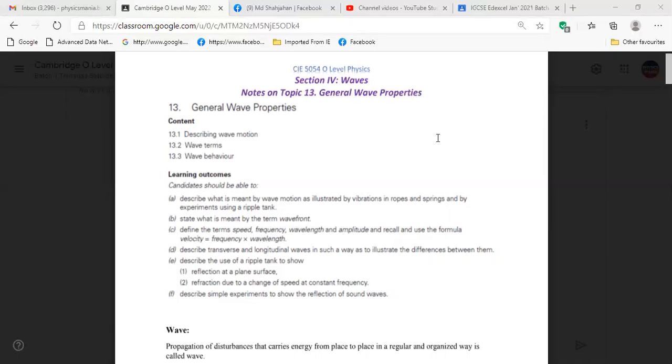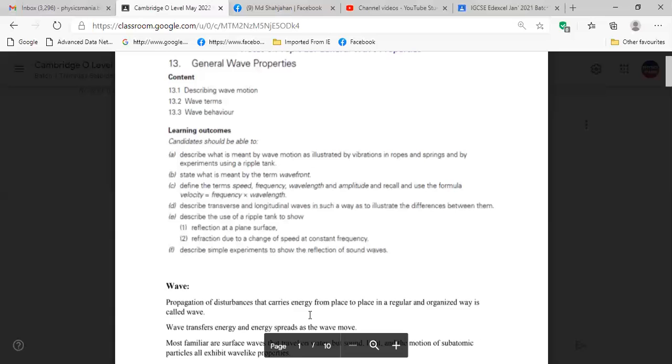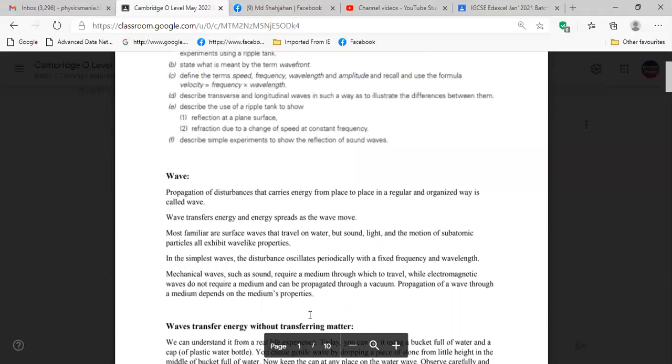Okay, here we go. Now, the first thing is to understand what a wave actually is. Can you read, Monica? Propagation of disturbances that carries energy from place to place in a regular and organized way is called a wave. Waves transfer energy, and energy spreads as the wave moves.